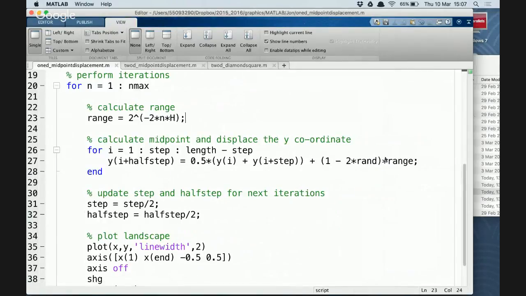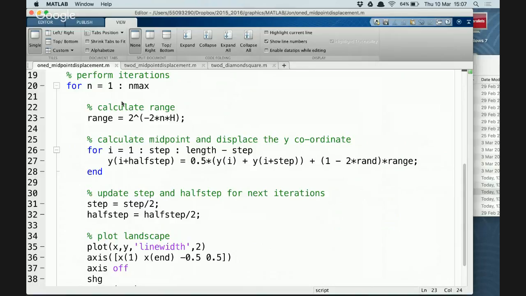Times range: that's going to be a number between -1 and +1, times it by the range will give me a random number in that range. On the first iteration, that's only going to be 1. You're only going to move 1 up or down, half the half step. And then I've got a little plot thing so we can see it as it's going along.